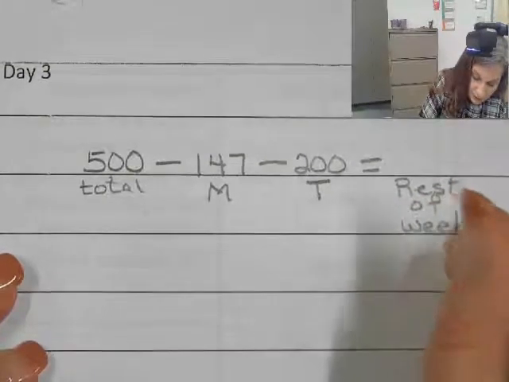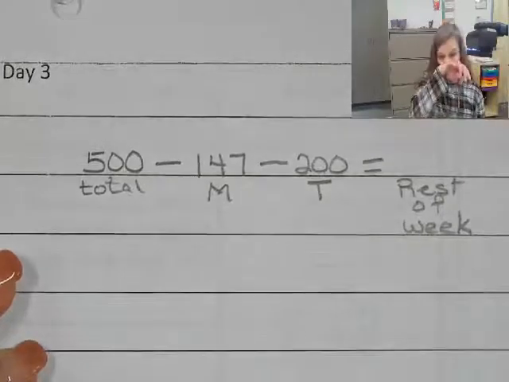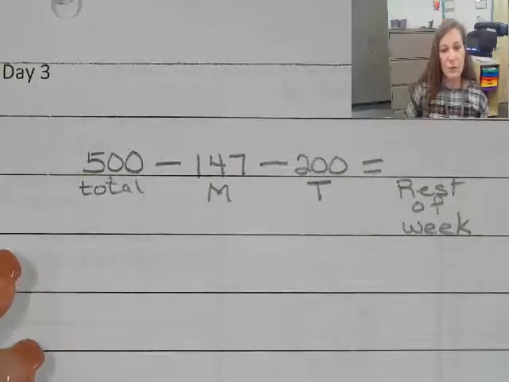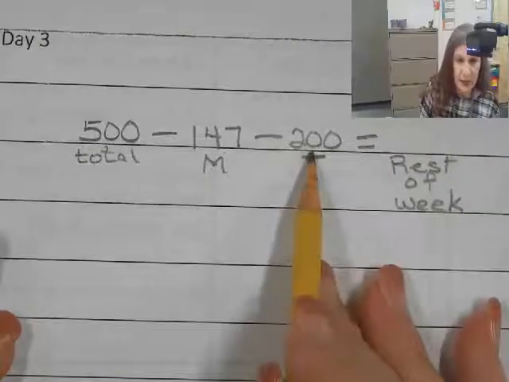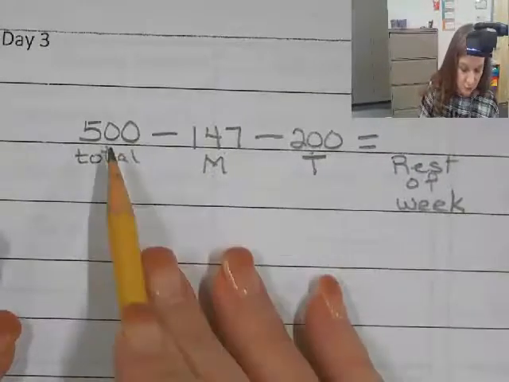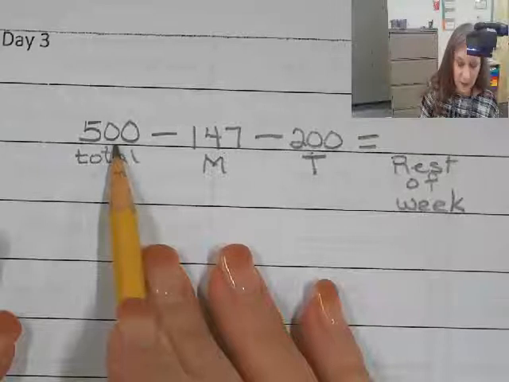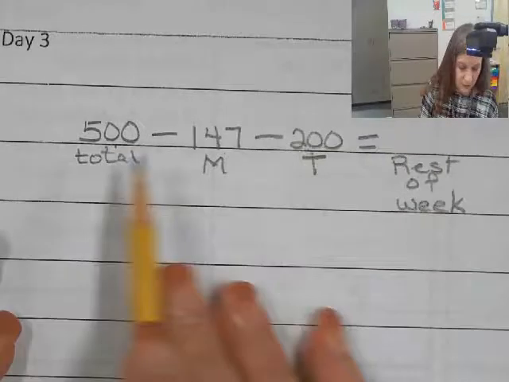The missing part of our trip. Okay? So, remember I said that you could do one of two things. You could add these together and then subtract, or subtract parts away from the total.